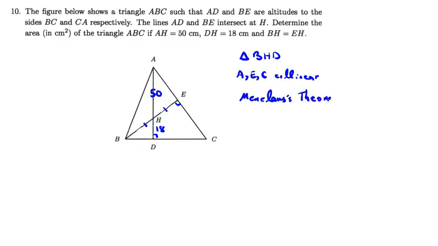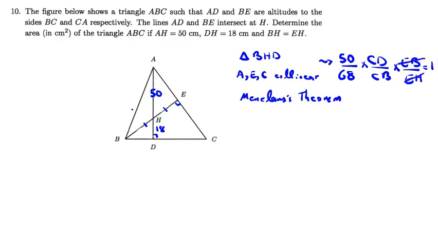So let's see, we have AH, which is 50, over AD, which is 68, times CD over CB times EB over EH, which equals 1. Now, if we simplify, EB over EH is twice by the assumption of the problem. It's 2.